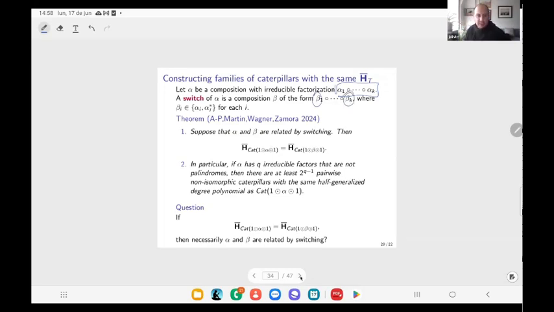And we show that if we reverse these factors, it doesn't change the polynomial. So basically, being related by switching implies the same polynomial. But the question is whether we can go back, and that's an open question.